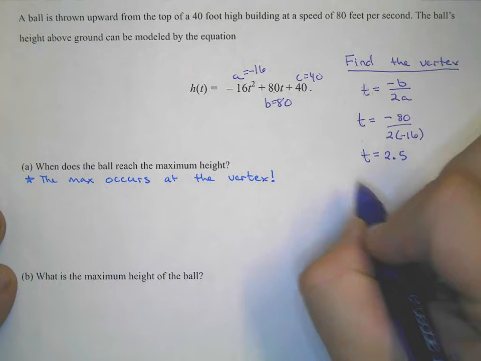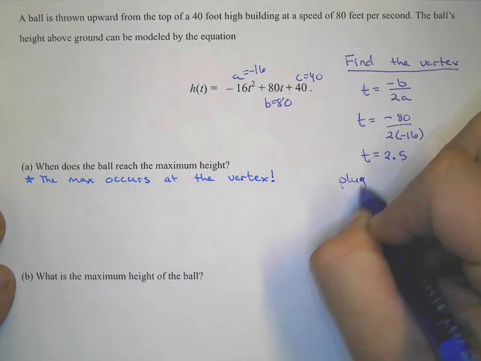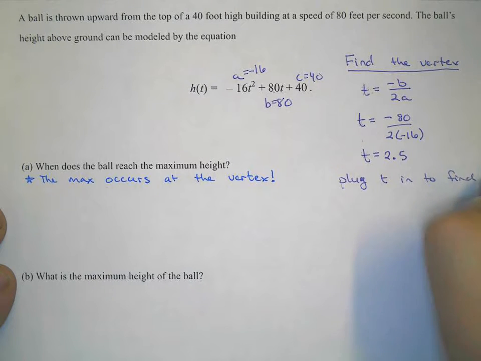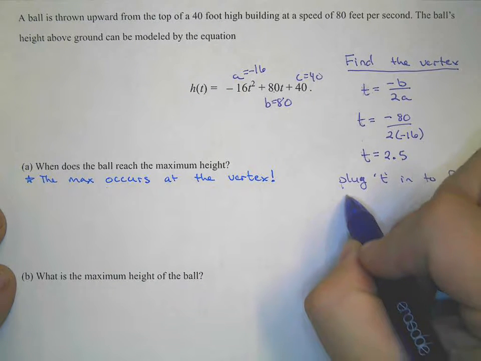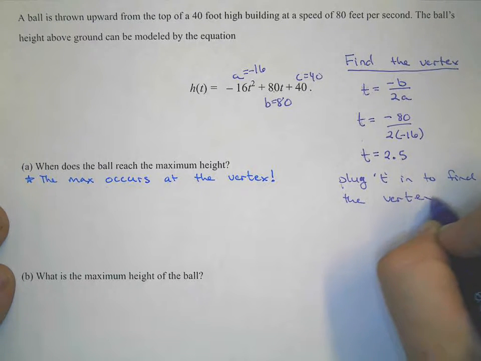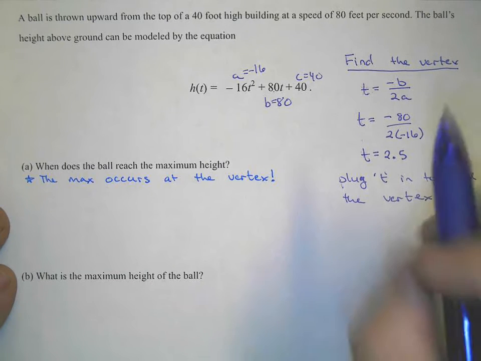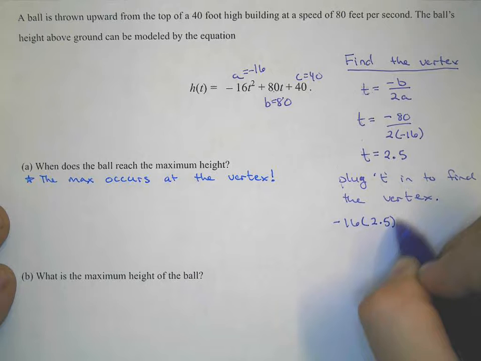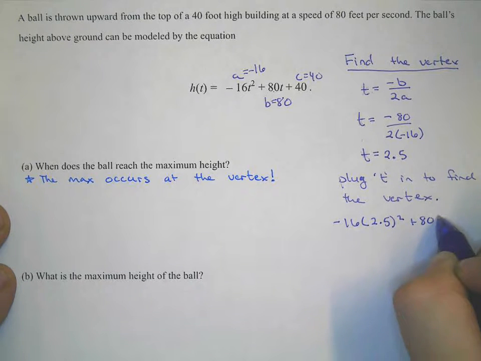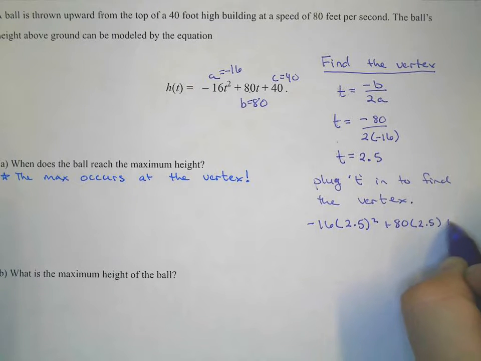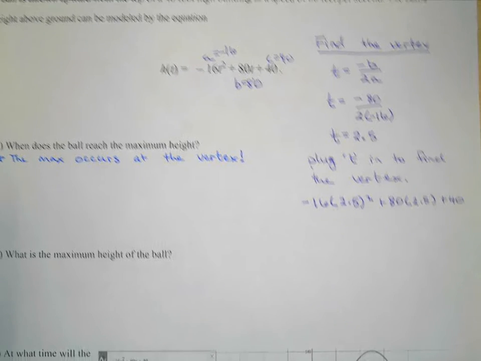So let's plug t in. I have negative 16 times 2.5 squared plus 80 times 2.5 plus 40.